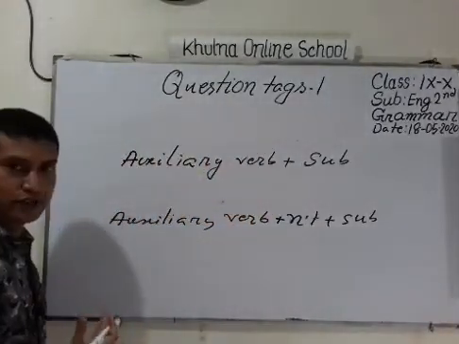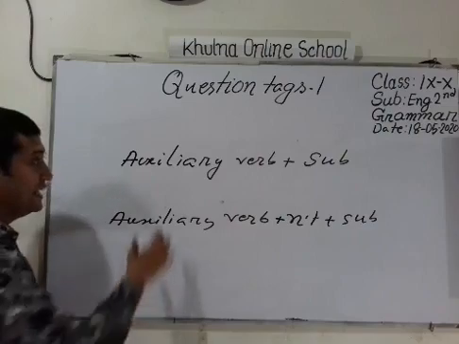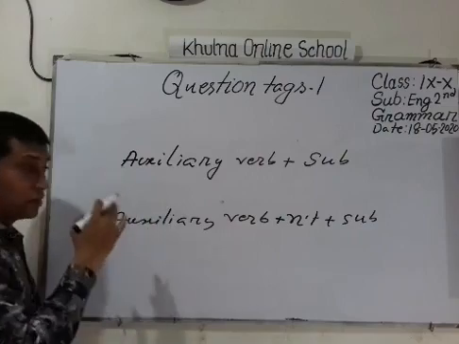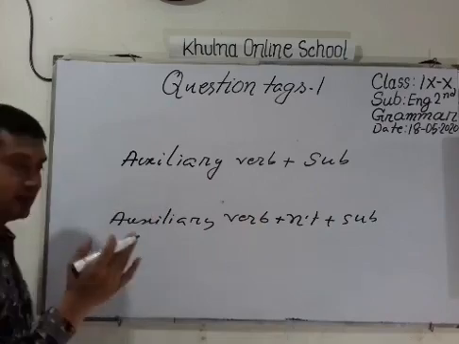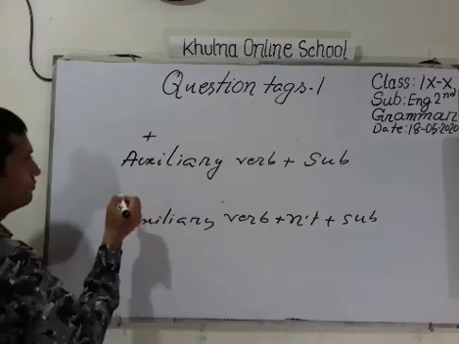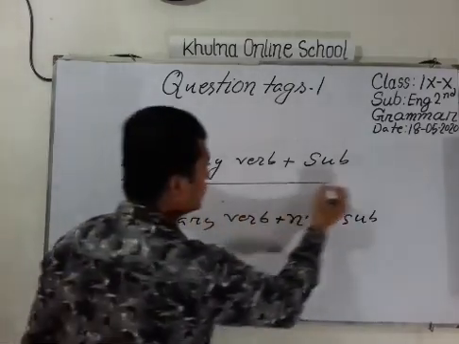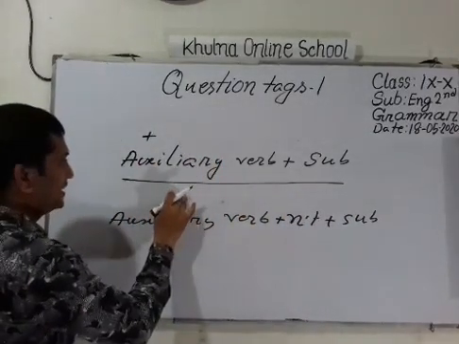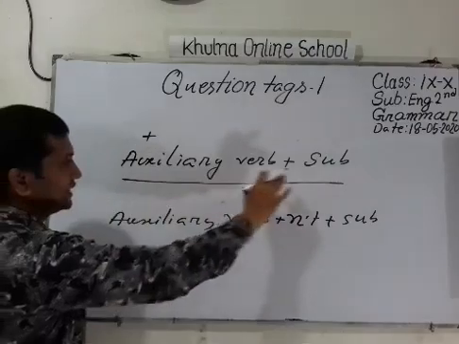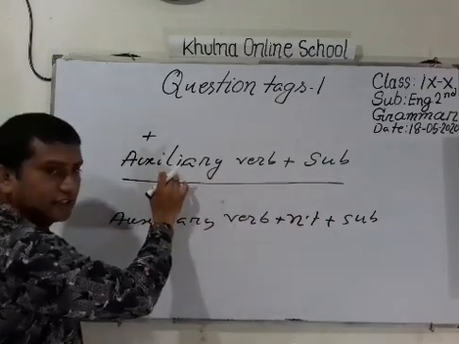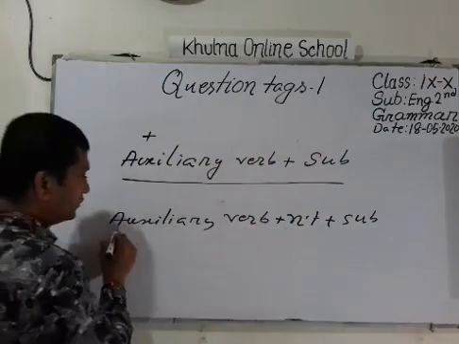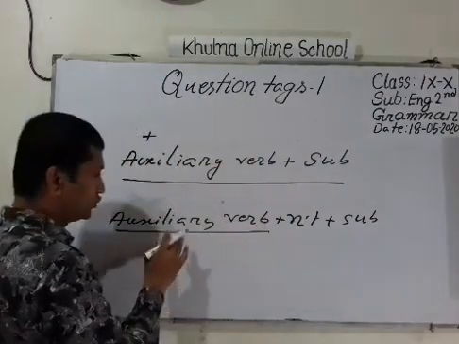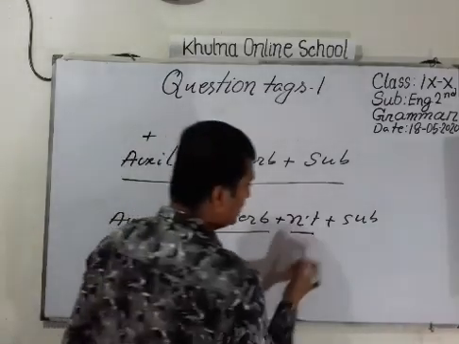Students, I want to make the question tag pattern clear by these two structures. If the question tag pattern is positive, the word order of this phrase is just like this. First write auxiliary verb and then subject. And if it is negative, first the auxiliary verb comes, and then the subject.